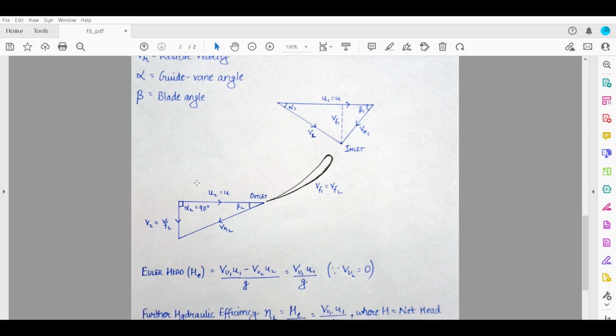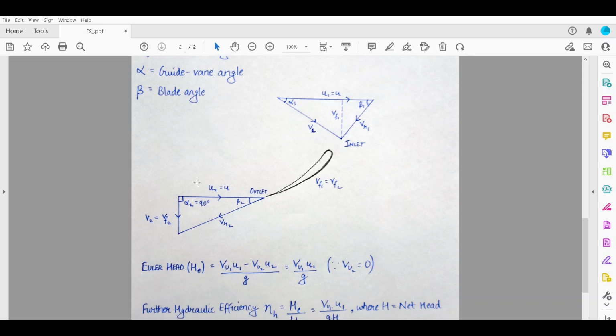As the flow that comes out of the Kaplan runner is axial, that is, it comes at 90°, therefore the alpha 2 that we have got is 90 degrees.